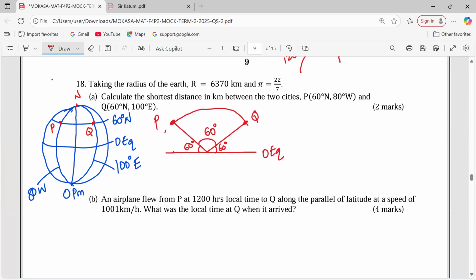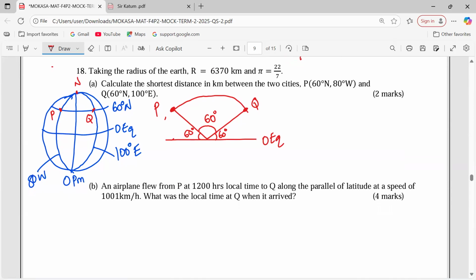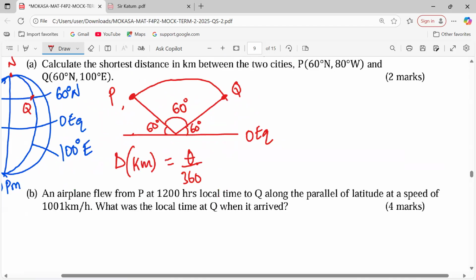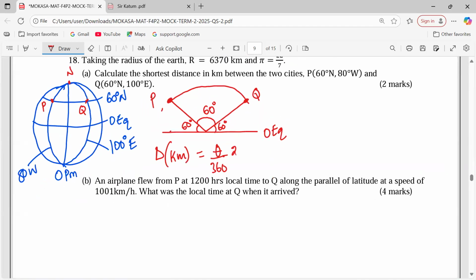So along a great circle, the angle at the center is 60. The distance in kilometers along a great circle is given by the angle difference out of 360, times 2 pi r.